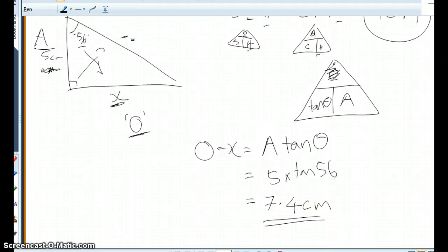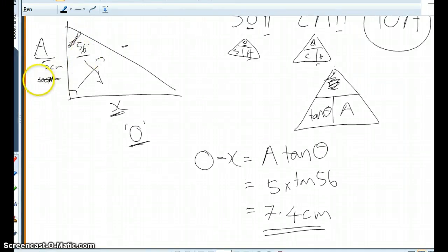Well, we haven't got the hypotenuse, we don't know it. But remember, this angle is bigger than 45. If this angle is bigger than 45, then this side will be bigger than 5. The geometry there.